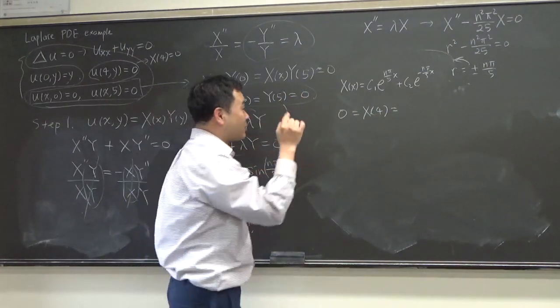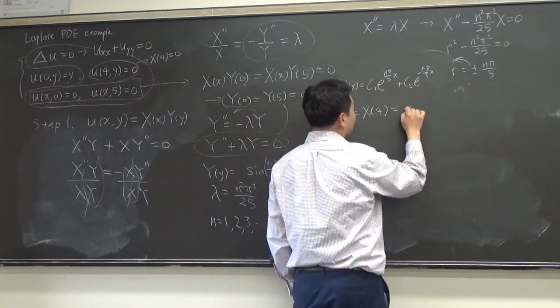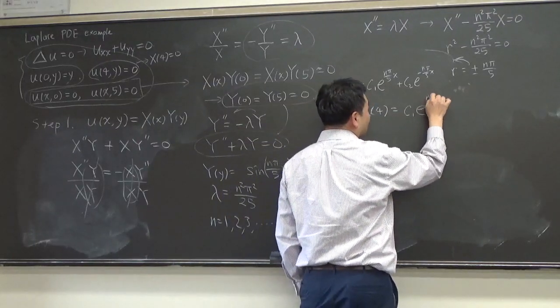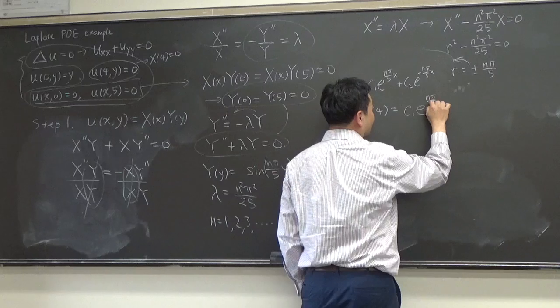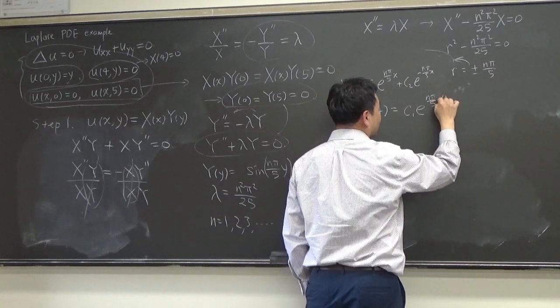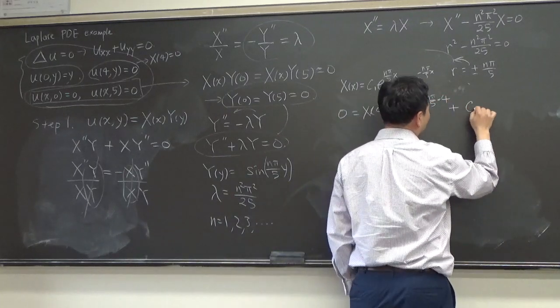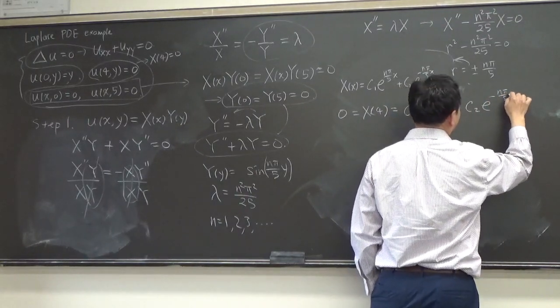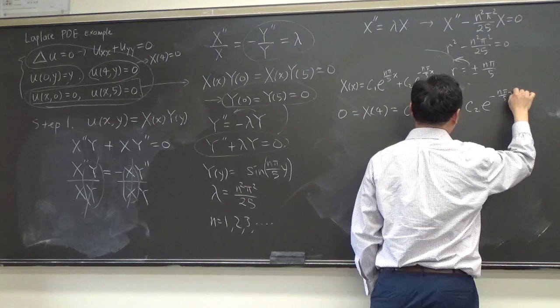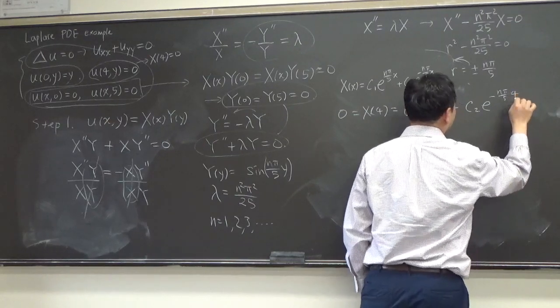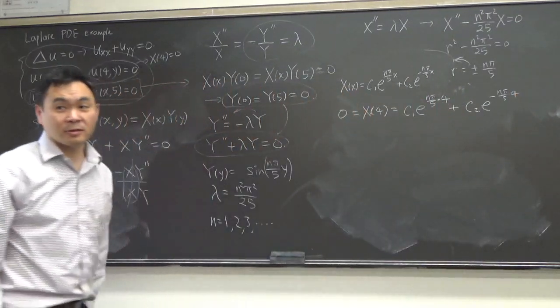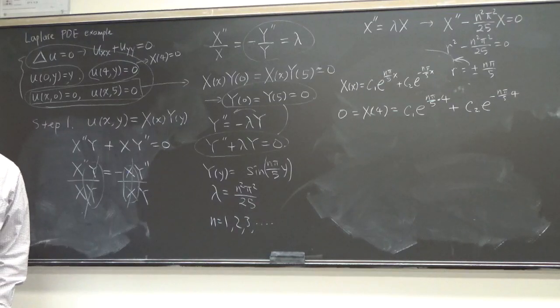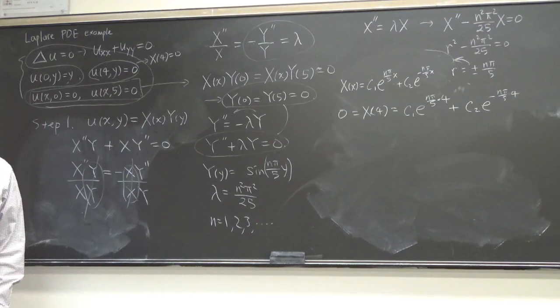So if X of 4 is 0, then you get C1 e to the n pi over 5, and you're plugging in 4, then plus C2 e to the negative n pi over 5 times 4. Is that okay? I want that to be 0, right? Is that okay? All right.